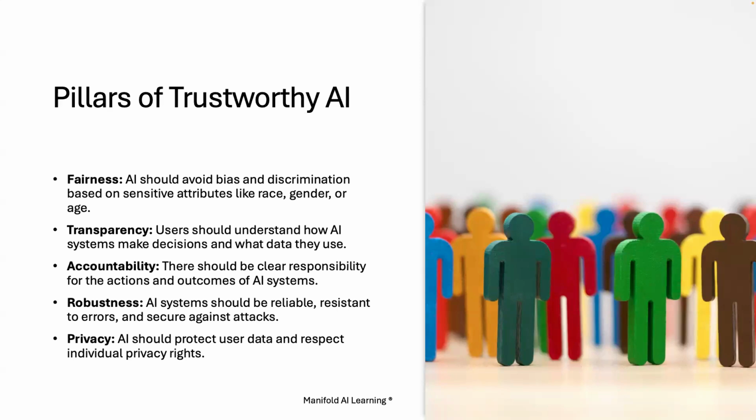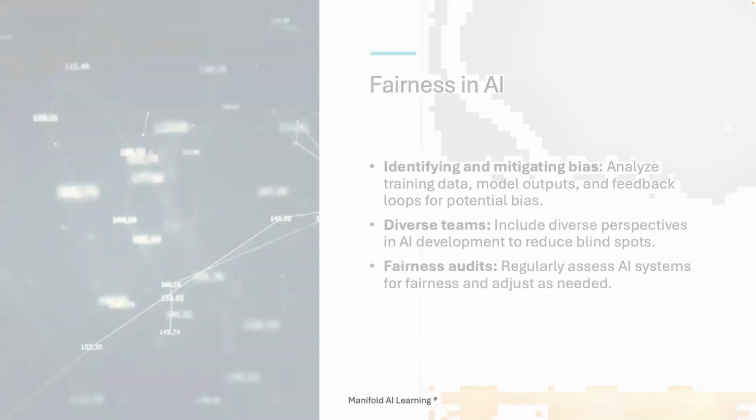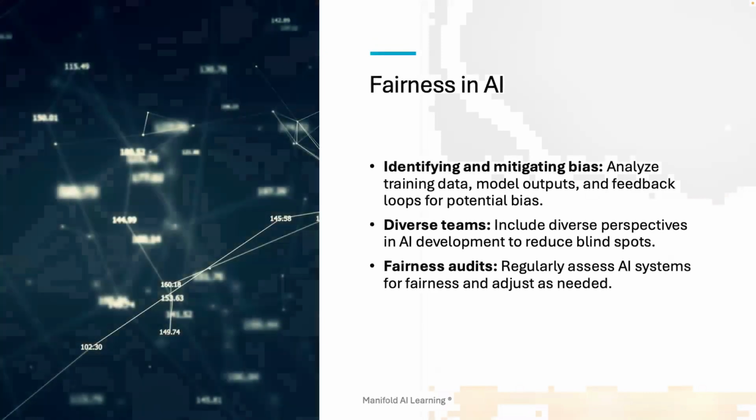So let's have a look at them one by one, starting with fairness in AI. When we say fairness in AI, we have understood that the AI should be free from bias. To ensure that we incorporate fairness in AI, some of the common practices that we follow are to identify and mitigate the bias.